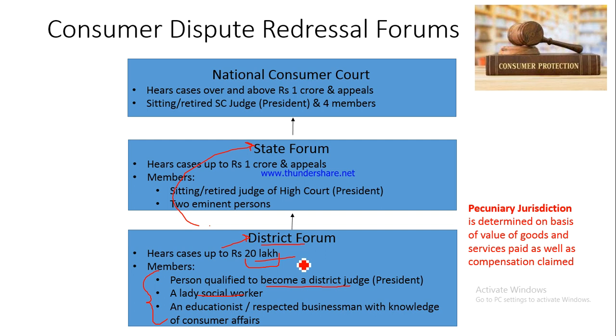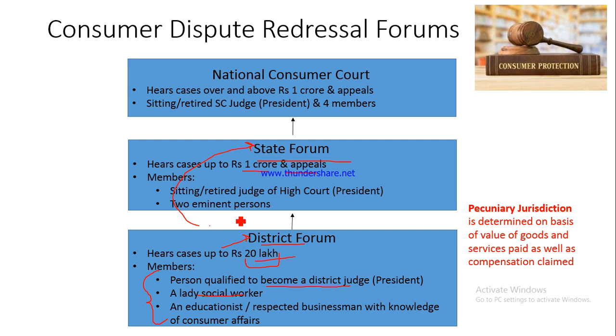Suppose I'm not satisfied with the ruling of the district forum, though the amount under contention is less than 20 lakh, say just 30,000, 40,000, even then I can appeal against the order of the district forum, and for that I'll have to approach the state forum. And that is why I have mentioned that the state forums would hear cases up to rupees 1 crore and appeals. As far as appeals are concerned, there is no pecuniary limit, there is no ceiling.